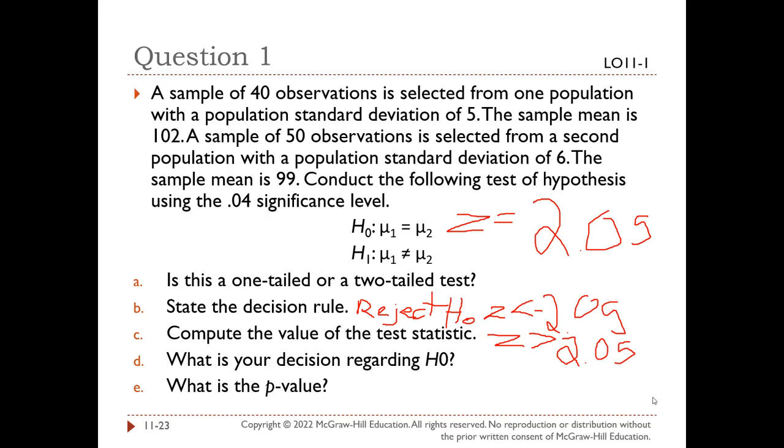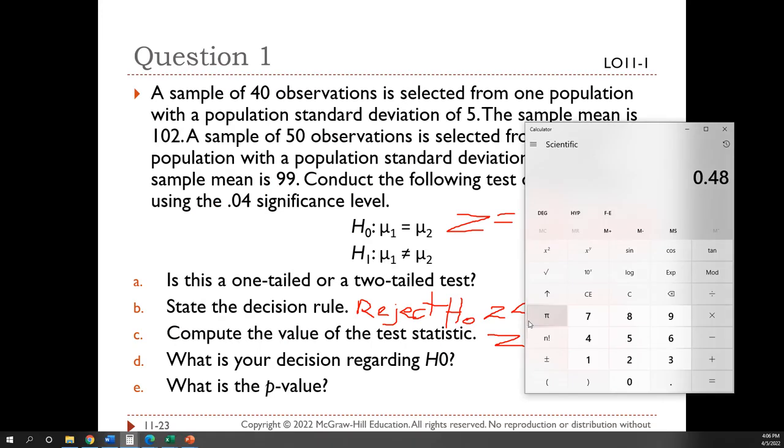In our calculator, we're going to take our first sample mean, 102, minus 99, which was our second sample mean, and we're going to divide this by, let's see, I'm trying to think how to do this in parentheses on this calculator. 5 squared divided by 40.